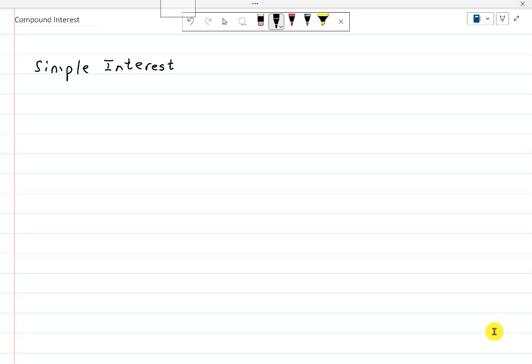There's not a formula for the interest. There's a formula for the total amount that you have in the account, and it looks like this. APR is the annual percentage rate.